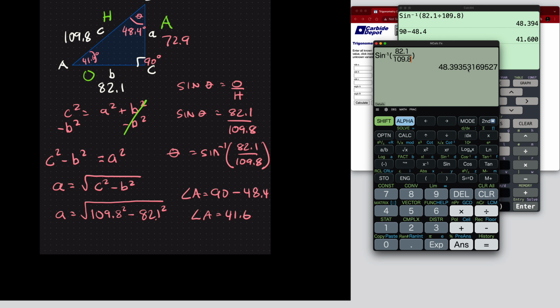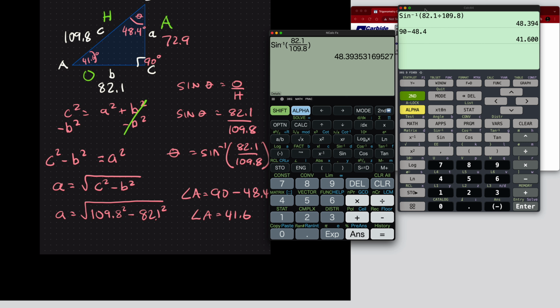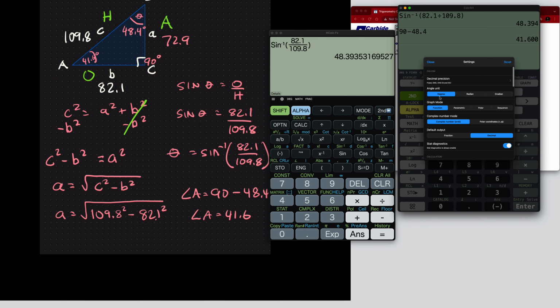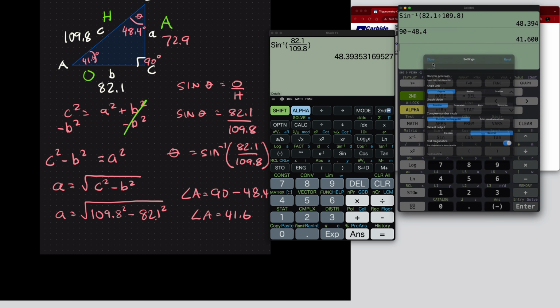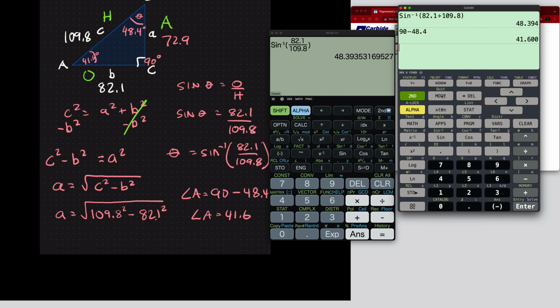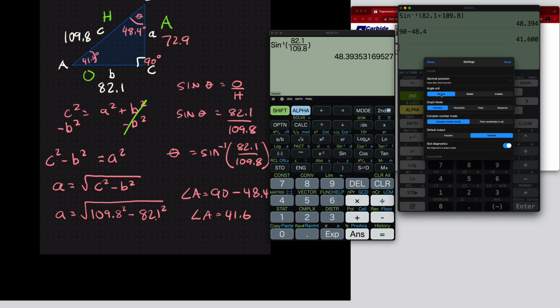This one has more decimal places than this one right here, and the main reason is the mode setting.